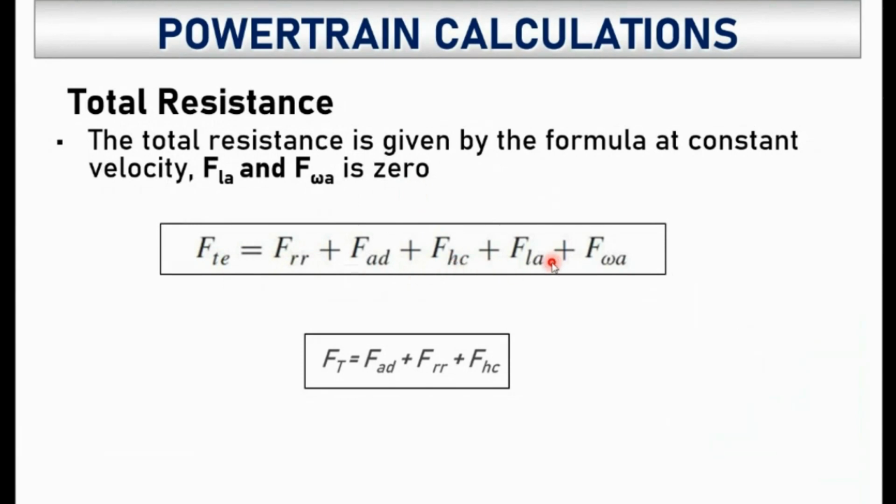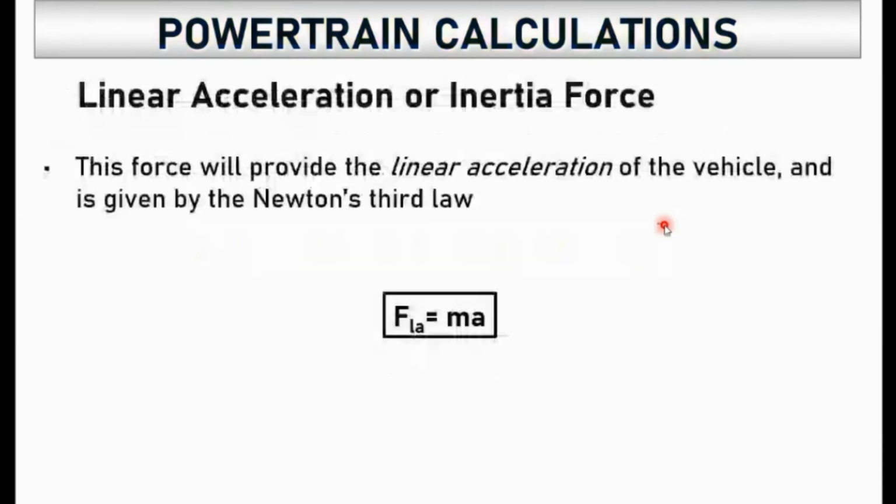Now to further propel the vehicle, we need linear acceleration, and the angular acceleration, which is caused by the rotating members present in your vehicle. And we all know that from Newton's second law, force is equal to mass into acceleration. So this would give us the linear acceleration of the vehicle.